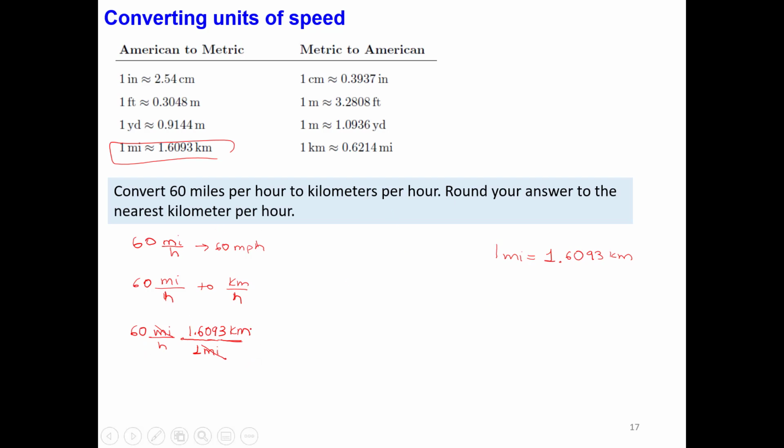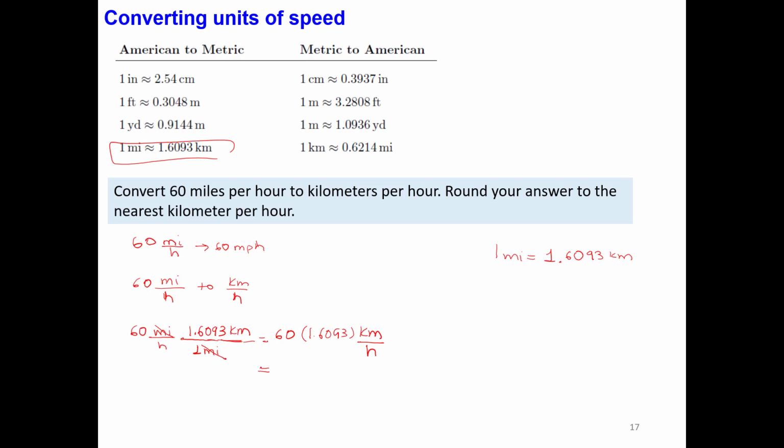And if we solve this one, what we have is 60 times 1.6093 kilometers, and we have 1 times hour.